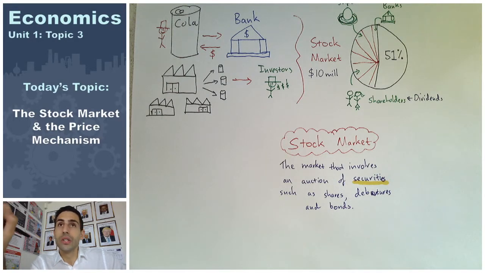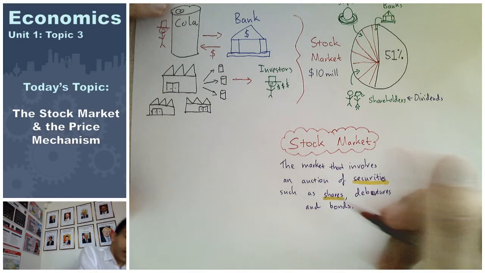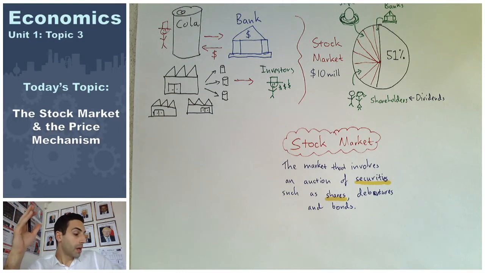There are different types of financial assets, investments that you can trade. The most common one is, of course, shares. And I think it's something like 36% of Australians are shareholders. Okay, 36% of the population owns shares. So that's a common security.